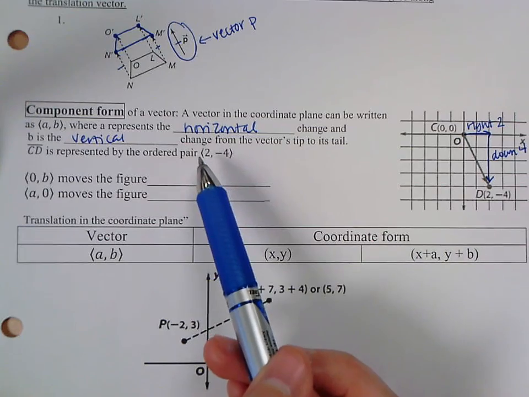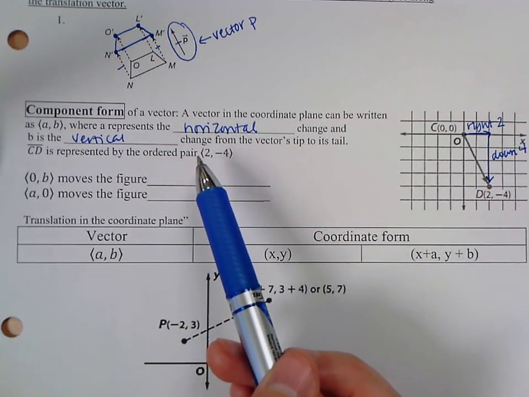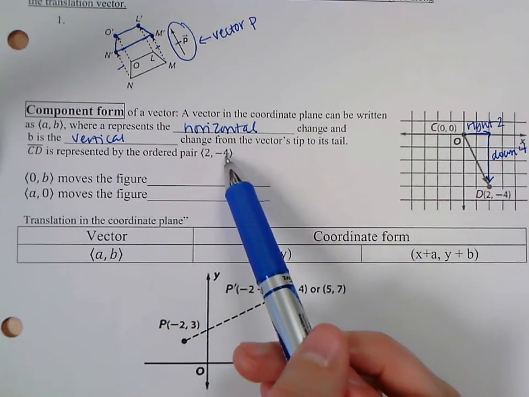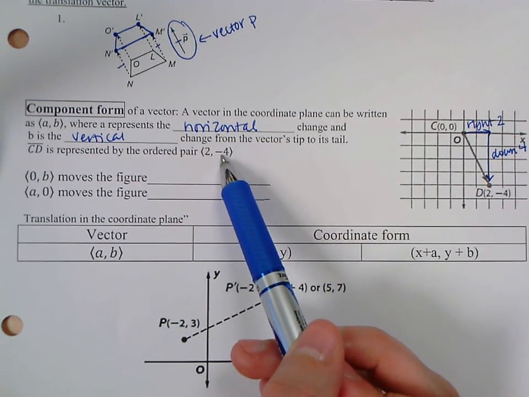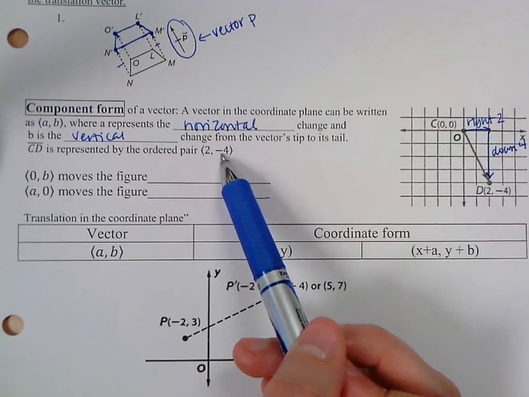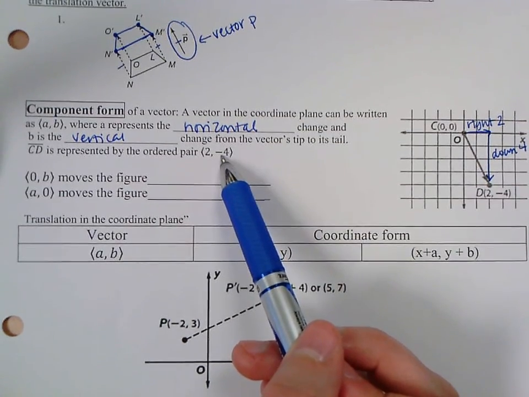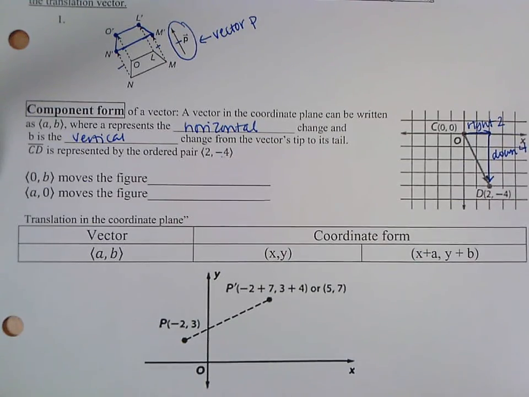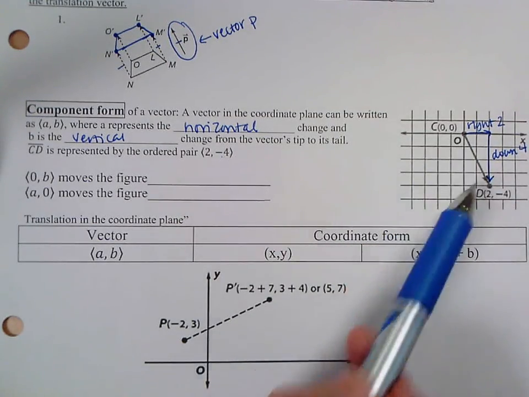The positive 2 means my horizontal change was positive 2, so I went to the right 2. If I went left, it'd be negative. And then the negative 4, that's the vertical change. Since it's negative, you're going down 4. If it was positive, you would go up. So that's what that's representing. And then this is obviously the shortest distance there.